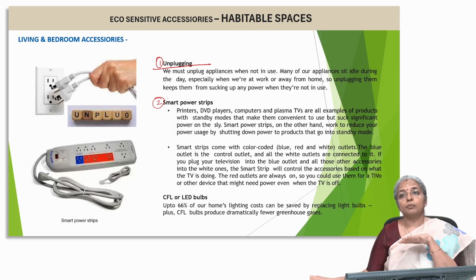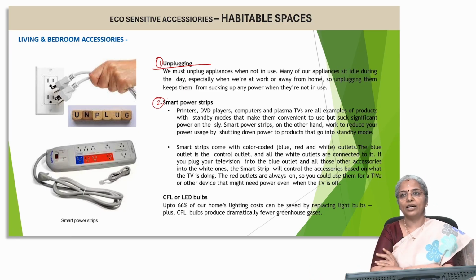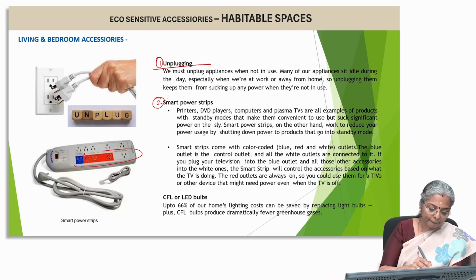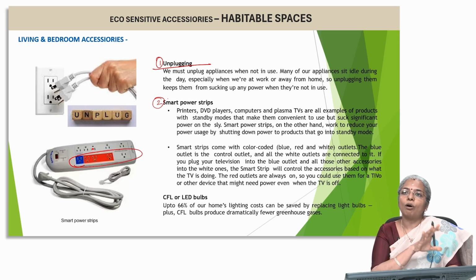Then you can have smart strips which come with color coded control outlets, say red or blue or white. The blue outlet is the control outlet and all the white outlets are connected to it.